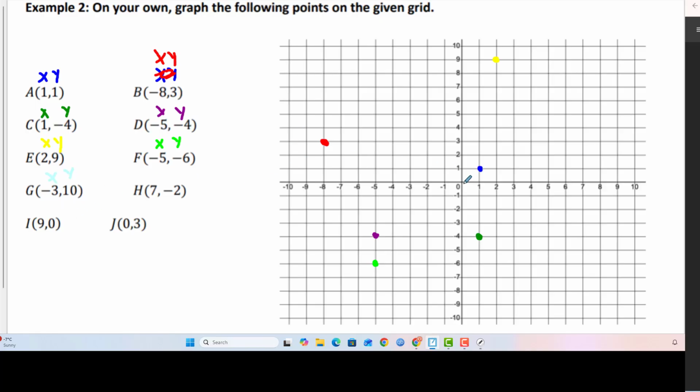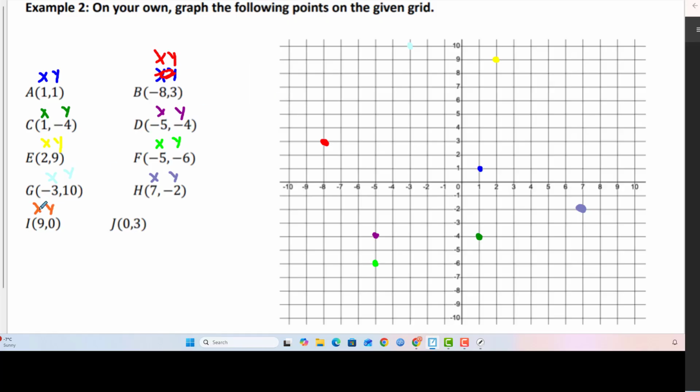Here we have -3 and 10. So -3 is here, and +10 is all the way up here. There's no need to count once again. We have 7, -2. So my x-axis is +7. My y-axis is -2, so that's that point there.